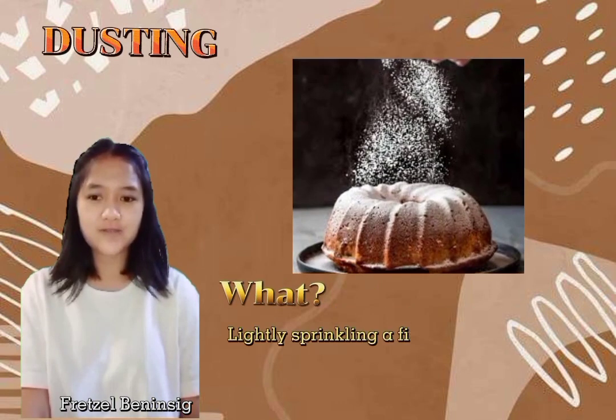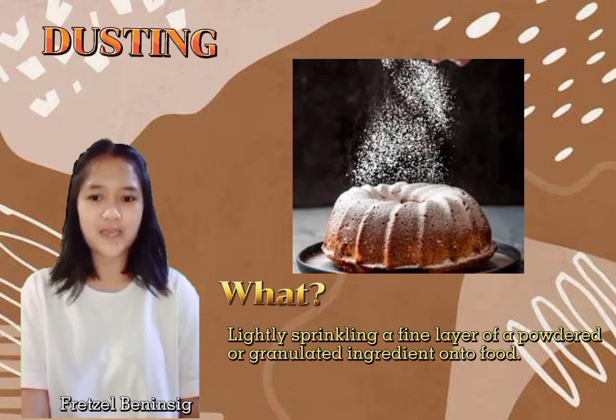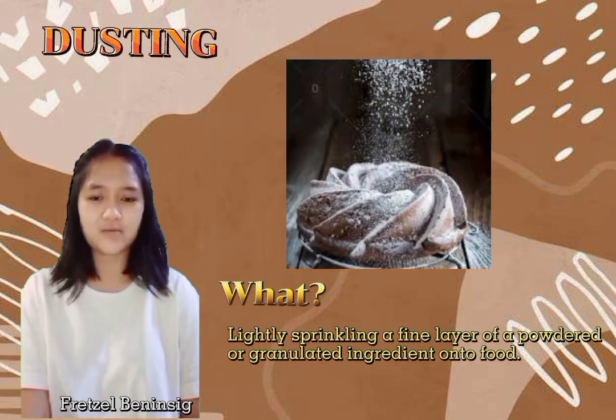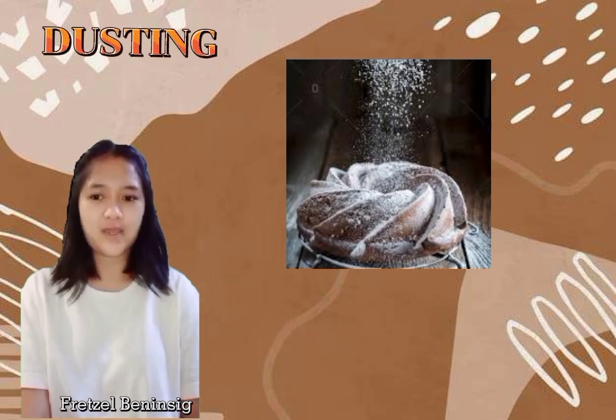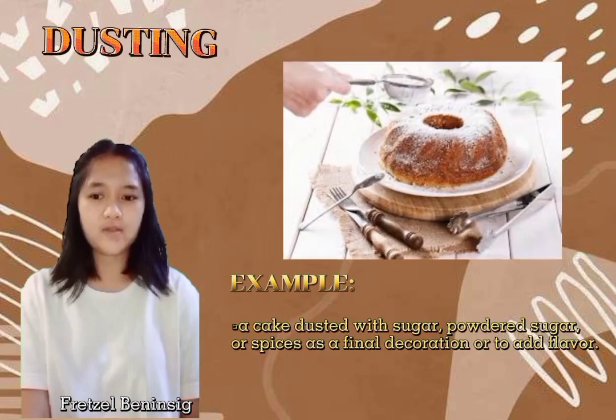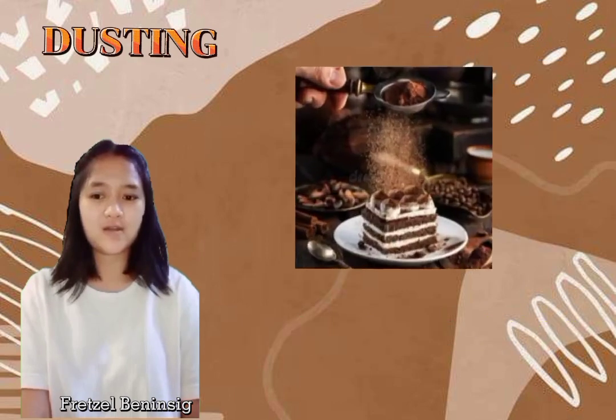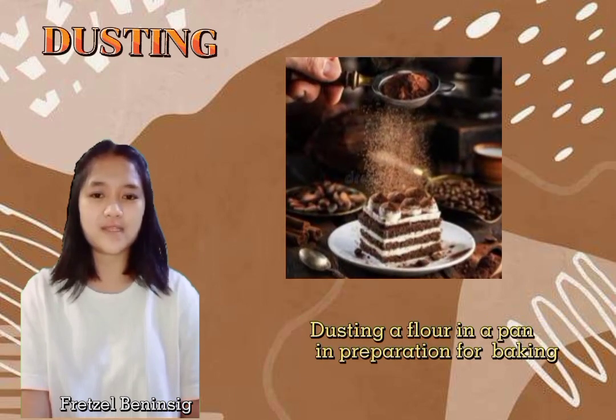Dust refers to the process of lightly sprinkling a fine layer of a powdered or granulated ingredient onto food. For example, a cake may be dusted with sugar, powdered sugar, or spices as a final decoration or to add flavor. Dust can also refer to the process of dusting a pan with flour in preparation for baking.